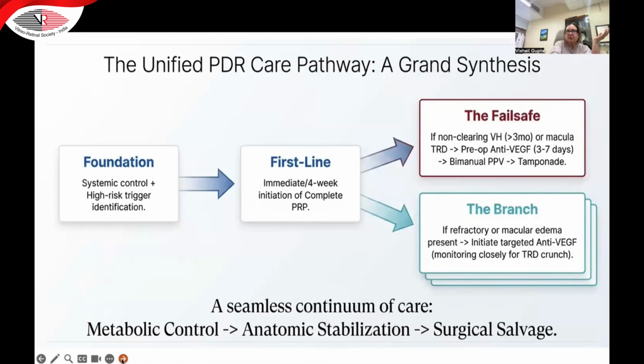So this is the unified care of PDR pathway, which is systemic control, high risk trigger identification. First line is complete PRP, and if there is non-clearing vitreous hemorrhage, or if you feel PRP cannot be completed for any reasons, there is dense cataract and there is vitreous coming in the way, then surgery.